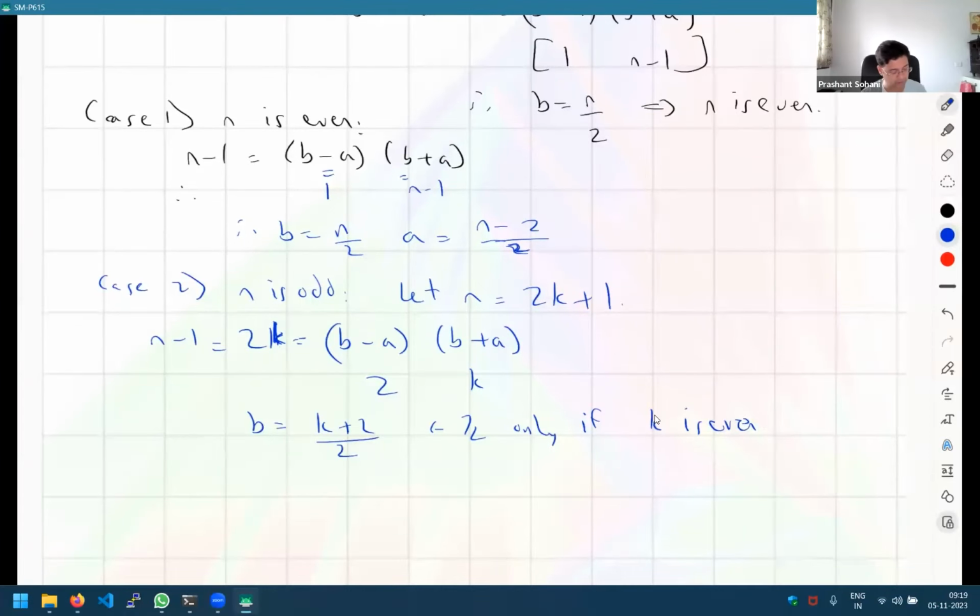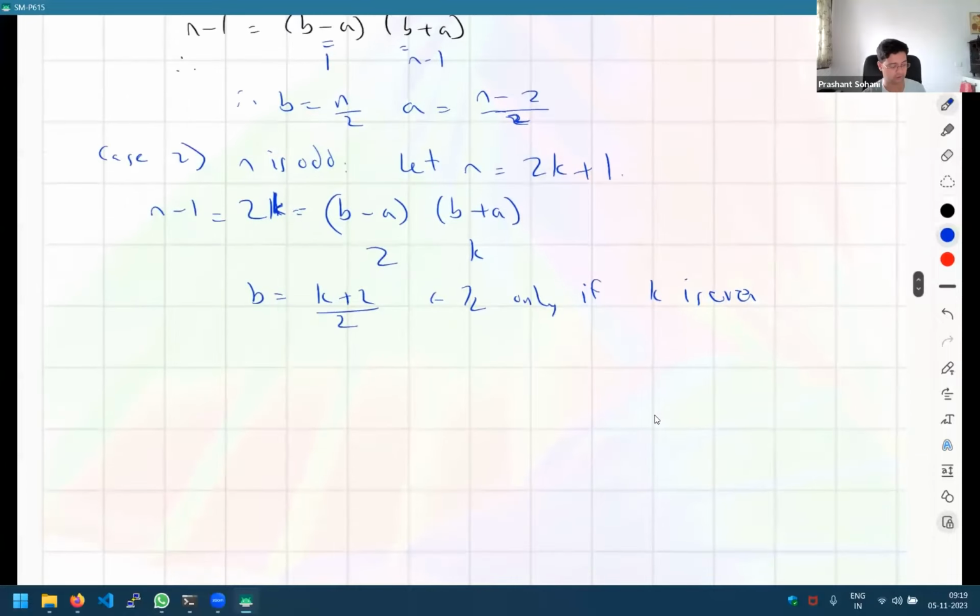So actually, I was expecting all of us to know one property, just taking a detour for a moment. If you consider the equation x square minus y square is equal to k. Okay, let's not use the letter k.